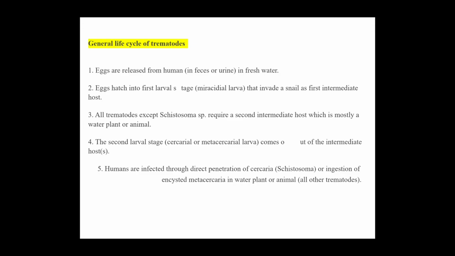Now, the second larval stage, the cercarial larva, comes out of the intermediate host. Infection of the human can occur through direct penetration of cercariae, as with Schistosoma species, or through ingestion of encysted metacercariae in a water plant or animal, as with the other trematodes.